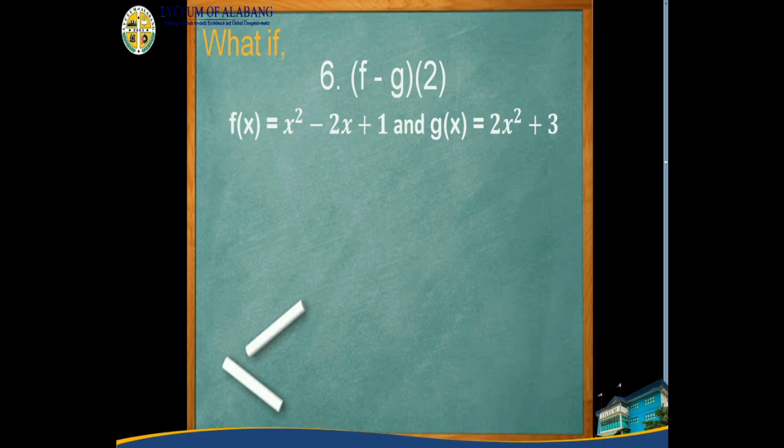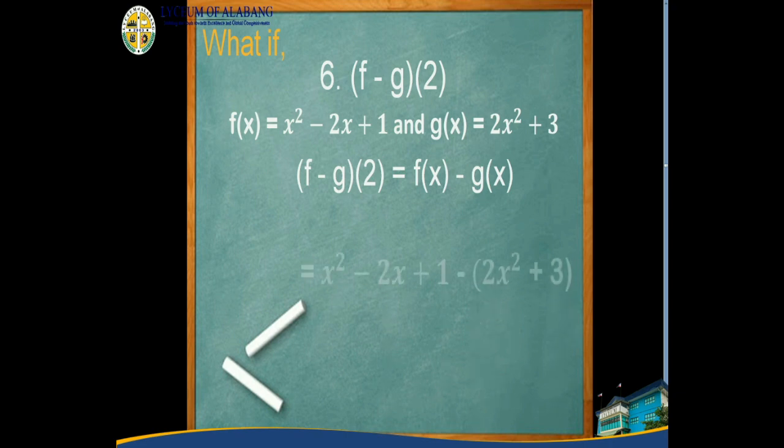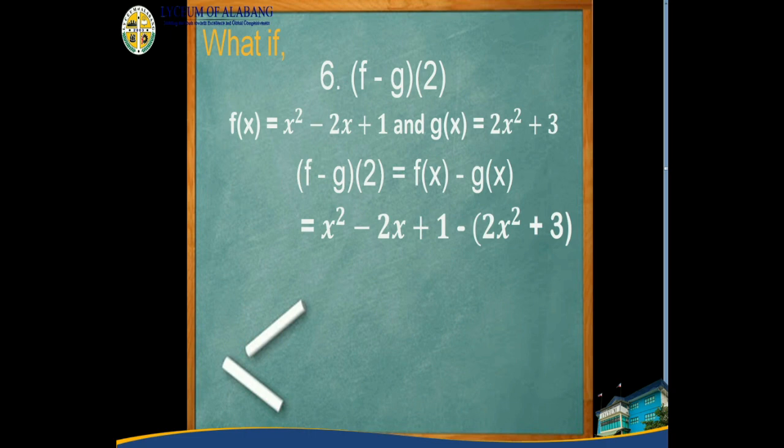The notation of the function f minus g of 2 is equal to f of x minus g of x. Now, to get the difference, substitute the value of f of x and g of x. And we have x squared minus 2x plus 1 minus 2x squared plus 3.